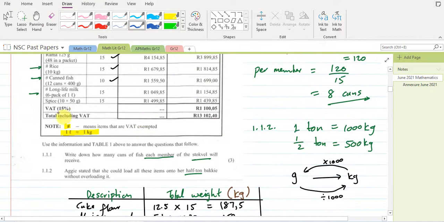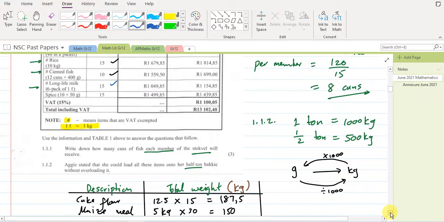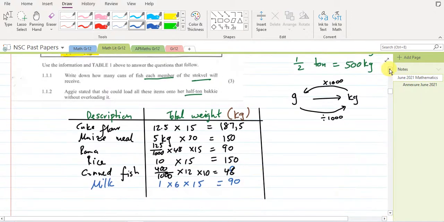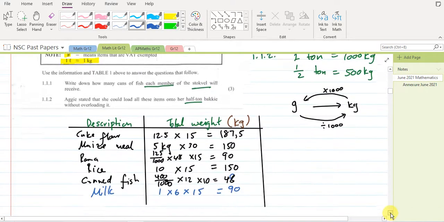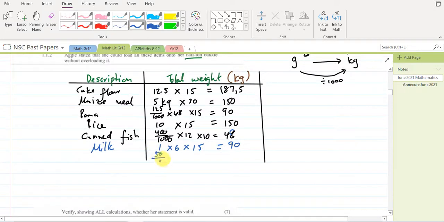Then last one, spice. Was it 6 times 15? Yes, we've done 6 times 15, that is correct. And the last one is spice. Now for spice, when you buy a pack, it is 10 times 50 grams. You need to convert the 50 grams: 50 divided by 1,000 times 10 times 15.